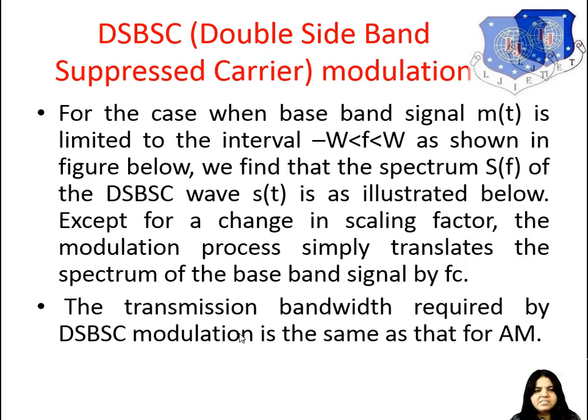So here, as you have seen, the bandwidth is −W to W. The spectrum you have seen, and here you can multiply by the scaling factor and change the transmission bandwidth.